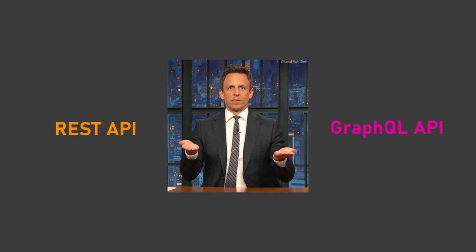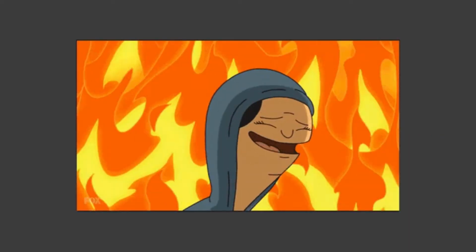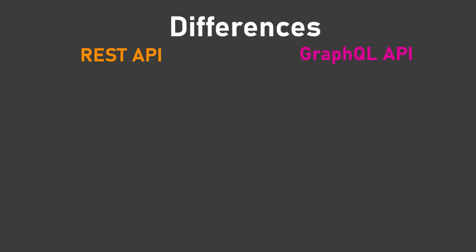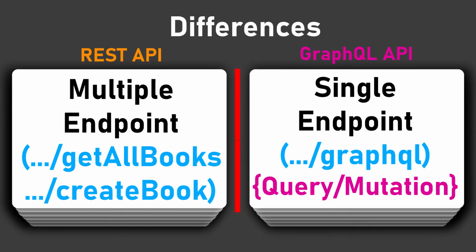So this is the comparison between RESTful API and GraphQL. Now let's speak about the hot topic, the differences between RESTful API versus GraphQL. The first one is that RESTful API will have different endpoints for each functionality, whereas GraphQL has a single endpoint, and on top of it we have different functions like queries and mutations to create different functionality out of it.